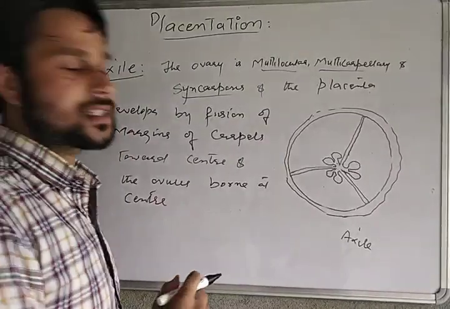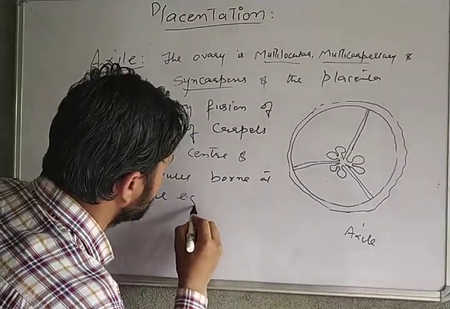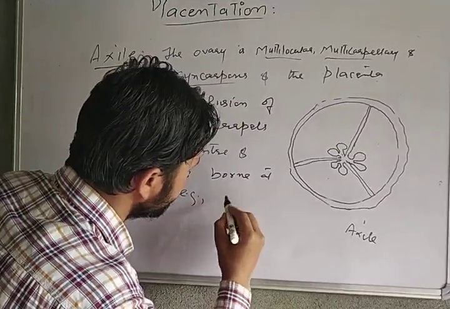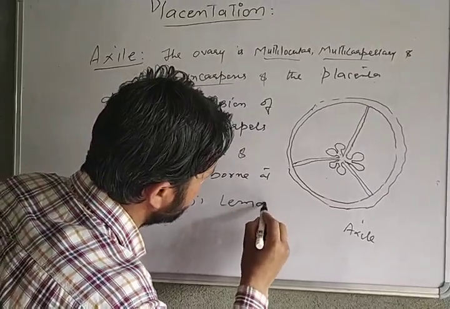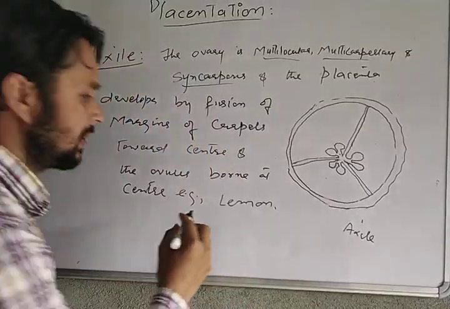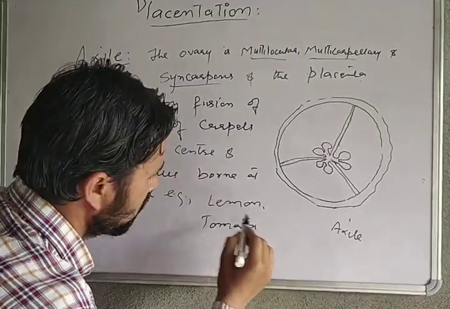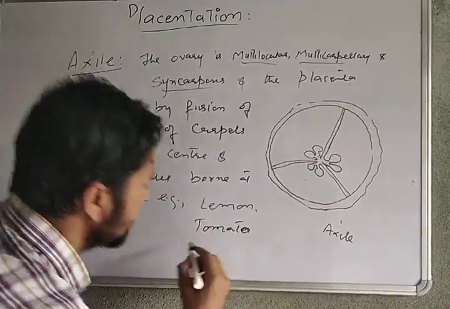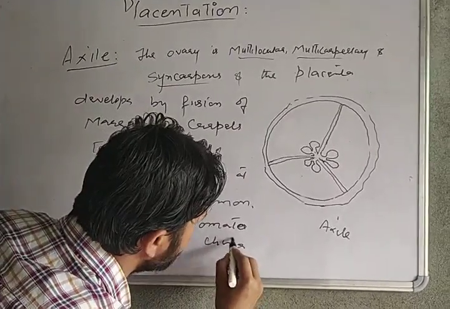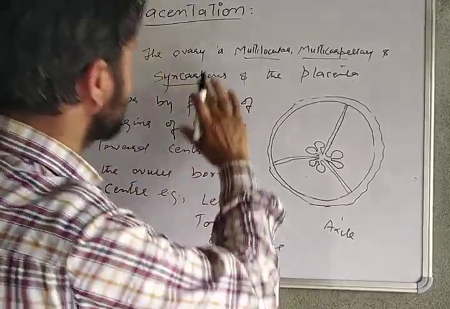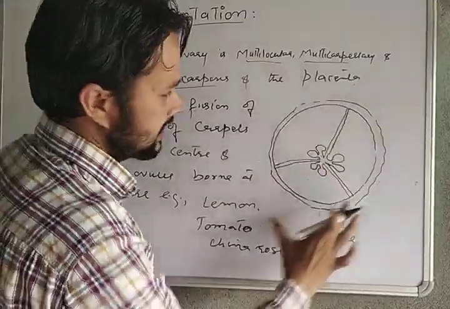And if we take examples, we can say lemon, tomato, China rose. These are the examples of axial type of placentation.